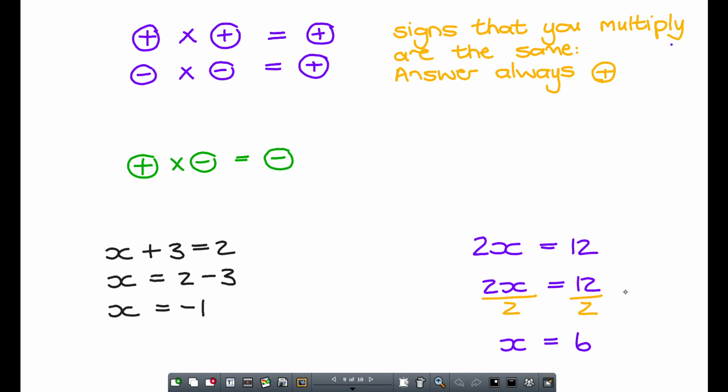Yeah, you could. Some kids like writing it, saying x will be equal to 12 divided by 2, and then x is 6. That's also correct. Okay? Any questions yet? 12 over 2, yeah. Okay, any other questions?